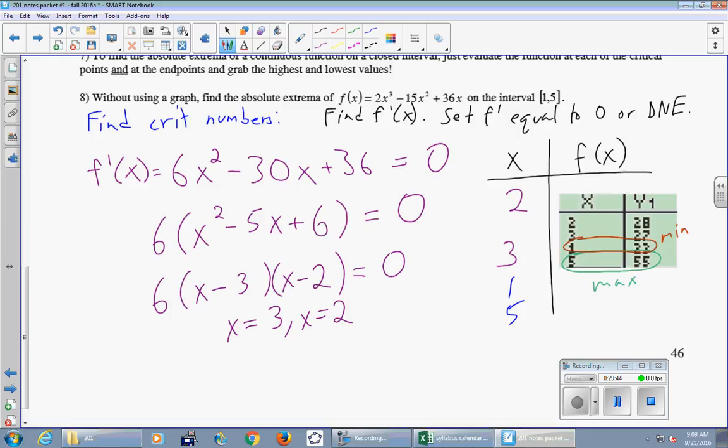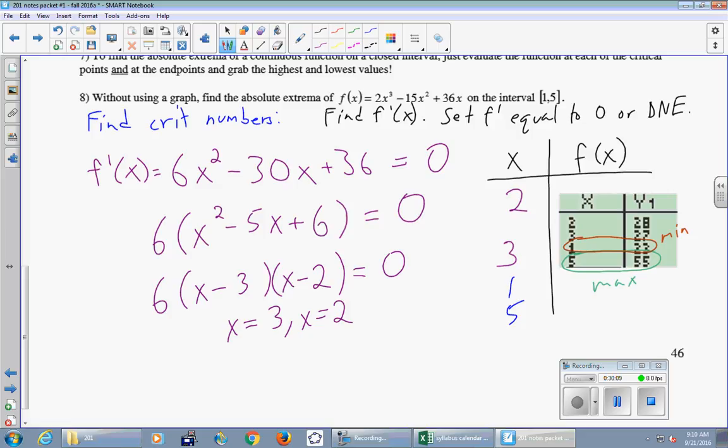The sign chart has to include two kinds of numbers. What are they? What are 2 and 3? Yeah, these are the critical points. They go in the chart, and we also have to include the endpoints, 1 and 5 in this case. And then we plug all of those into not the derivative, but the original function.